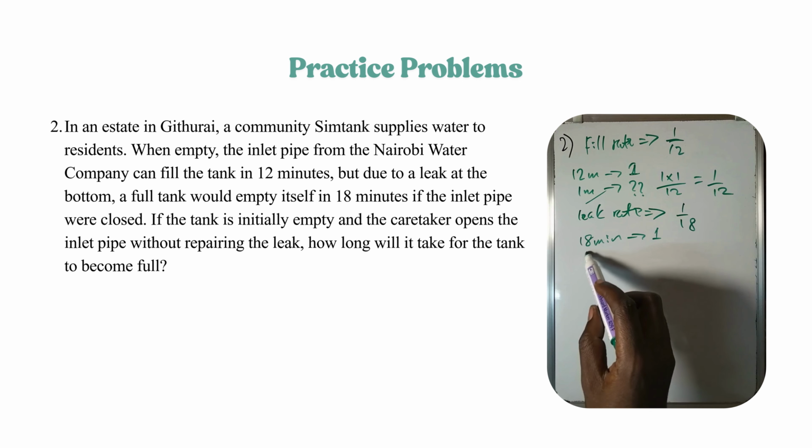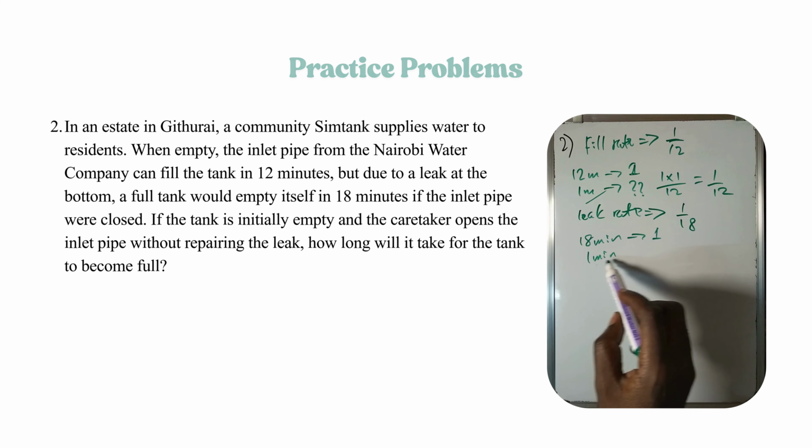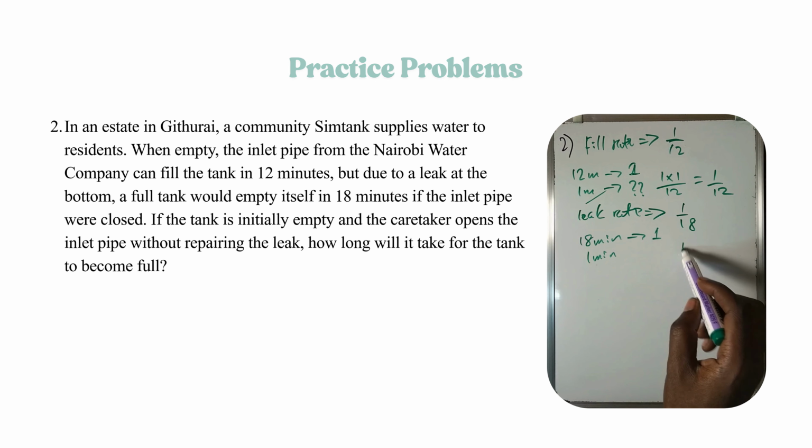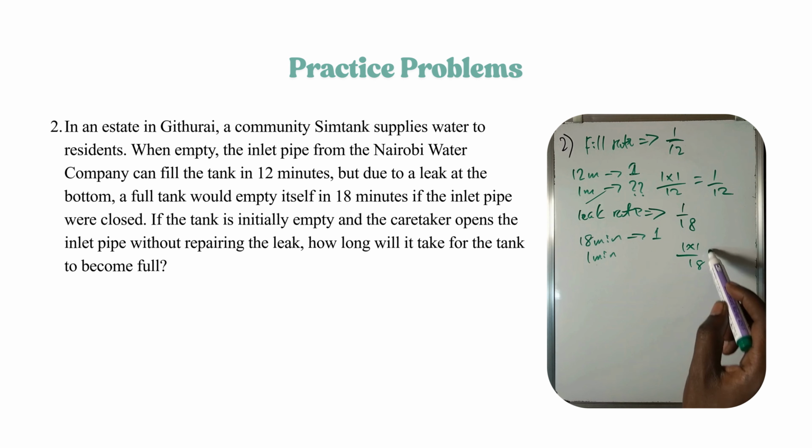Now we ask ourselves, what about 1 minute? And then you cross multiply. That's 1 times 1 over 18. That's what is giving us 1 over 18. So in a minute, the leak will be 1 over 18 of the tank.